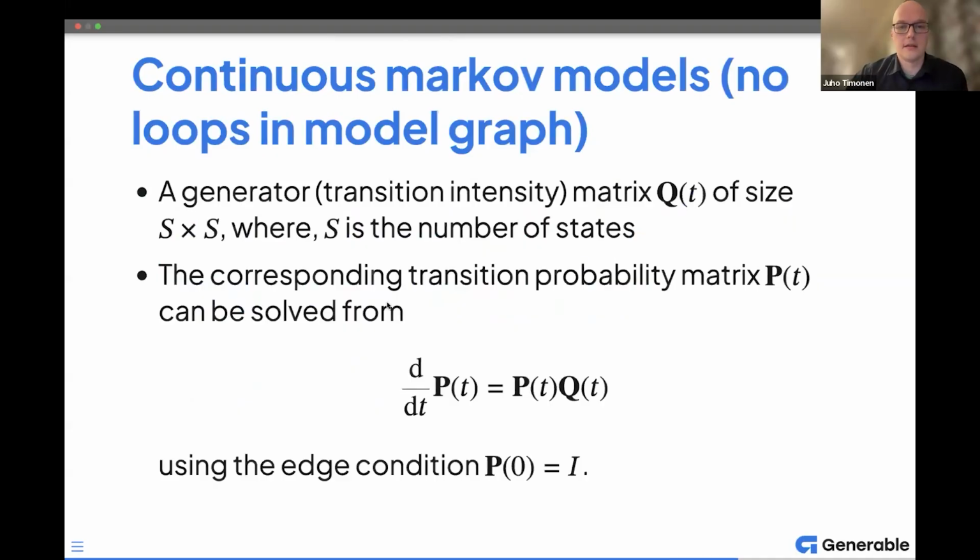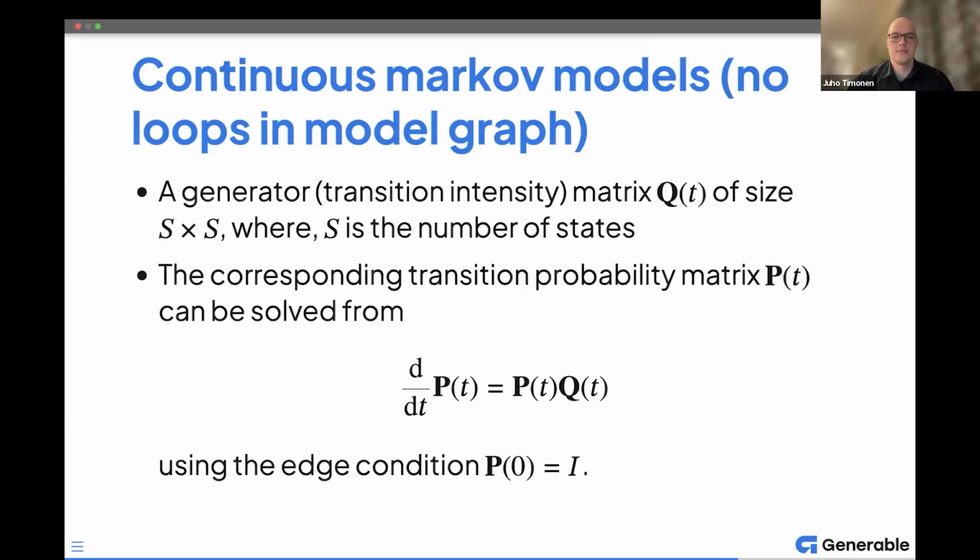And then finally, about how we predict these event risks. In the simplest case, the model is a continuous Markov model, and no loops here means no self loops, from starting state A to state A back, for example.